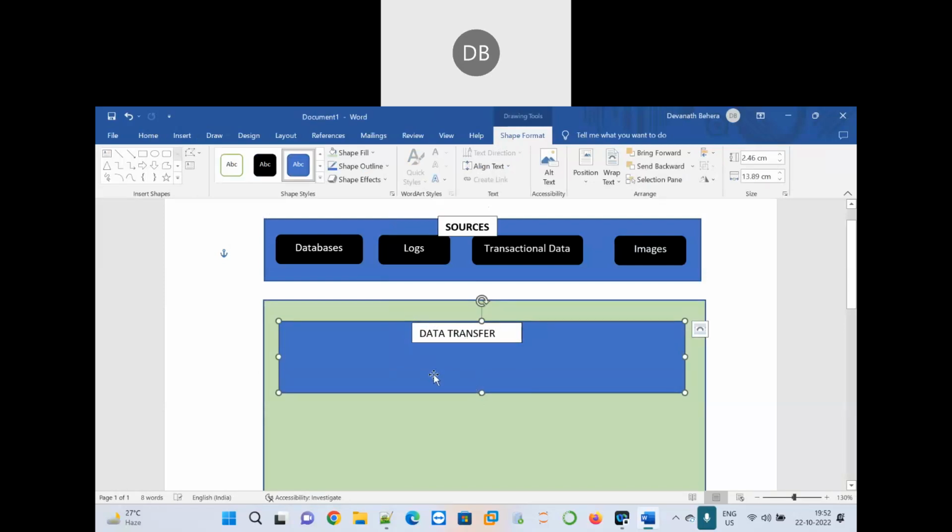The data transfer layer. What are the different components you can use?